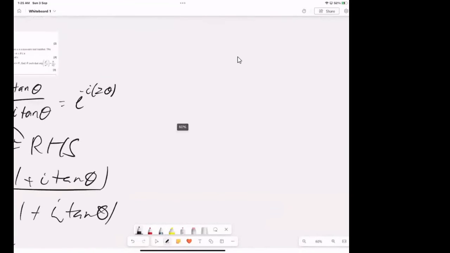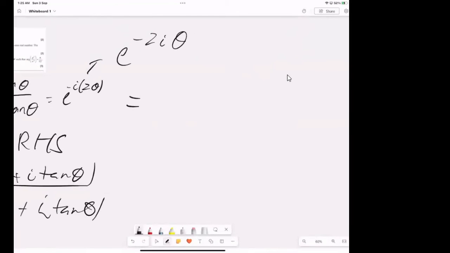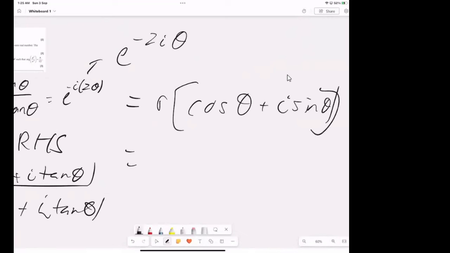Okay, so e to the i2 theta, actually, we can change this to e to the minus 2i theta. Remember we talked about the exponential form, right? This is r cosine theta plus i sine theta. So do we get that r is 1?